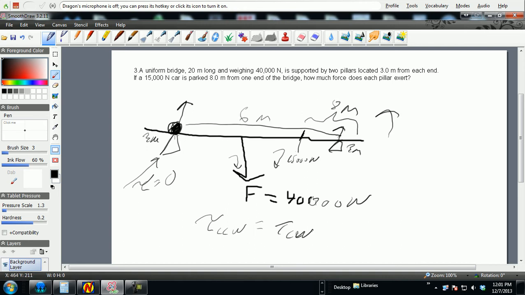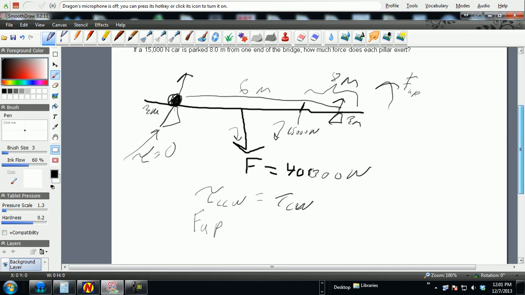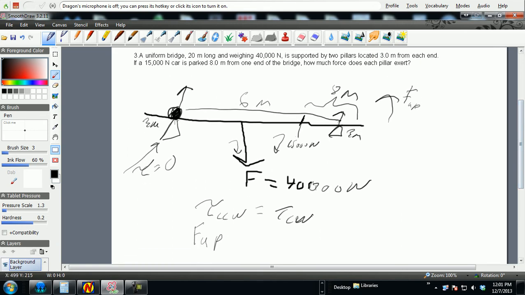So that means my counterclockwise, the pillar, the force up right there, is F up. His distance is going to be what? 6? Make sure that's right. No, it's going to be 14, because 20 take away 6 from each end is 14, times distance.